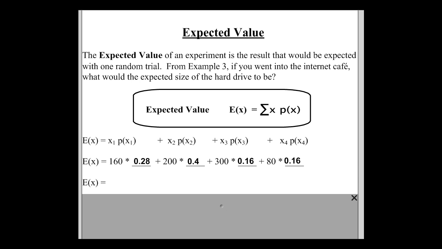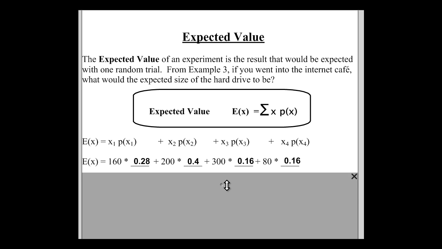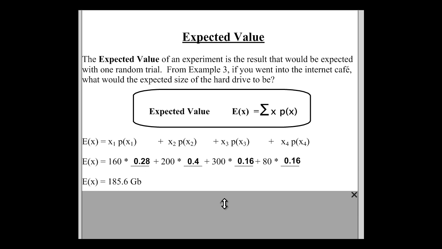When you sum these up, the expectation becomes 185.6 gigabytes. So of all the possibilities you could have gotten, the 160 gig, the 200 gig, the 300 gig, and the 80 gig, it does weigh out that you're going to get an expectation of 185.6 gig. That's not possible, but that's still what the math tells us. It's almost like a weighted average.